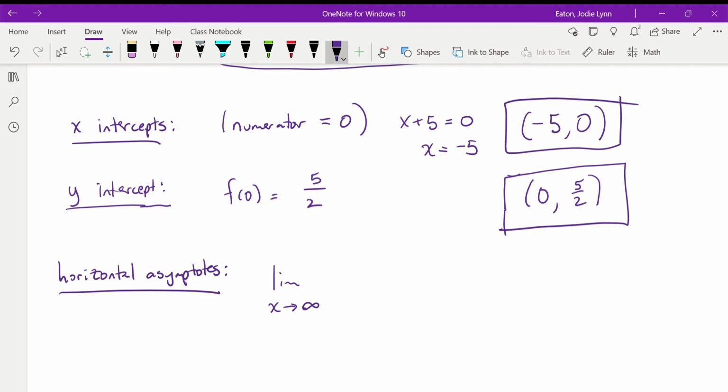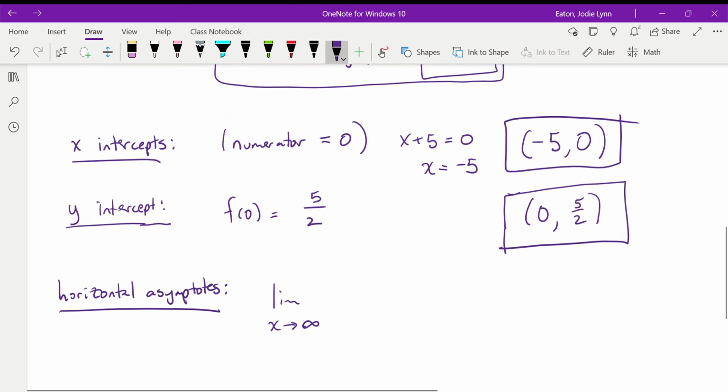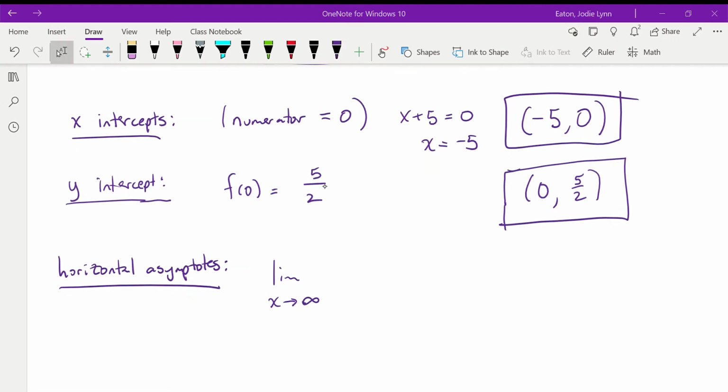We can leave out the hole just to make things simpler. And we're going to look at x approaches plus and minus infinity together. There are no square roots, so there shouldn't be anything too different about that. So the limit as x approaches plus and minus infinity of x plus 5 over x plus 2.